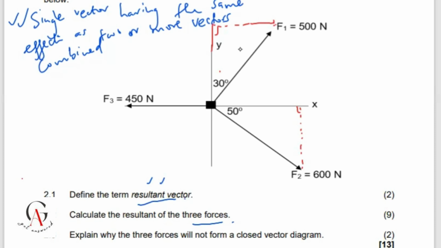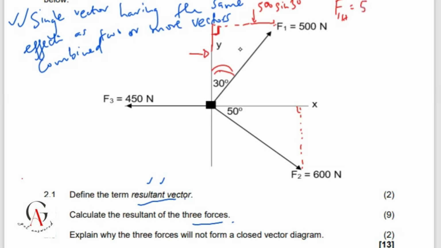Let me look at F1. With F1, if I look at the horizontal, which is F1H, if I'm looking at 30, that's going to be 500 sine of 30. This is the opposite side of the 30. Then this one is the adjacent, which will represent my vertical.